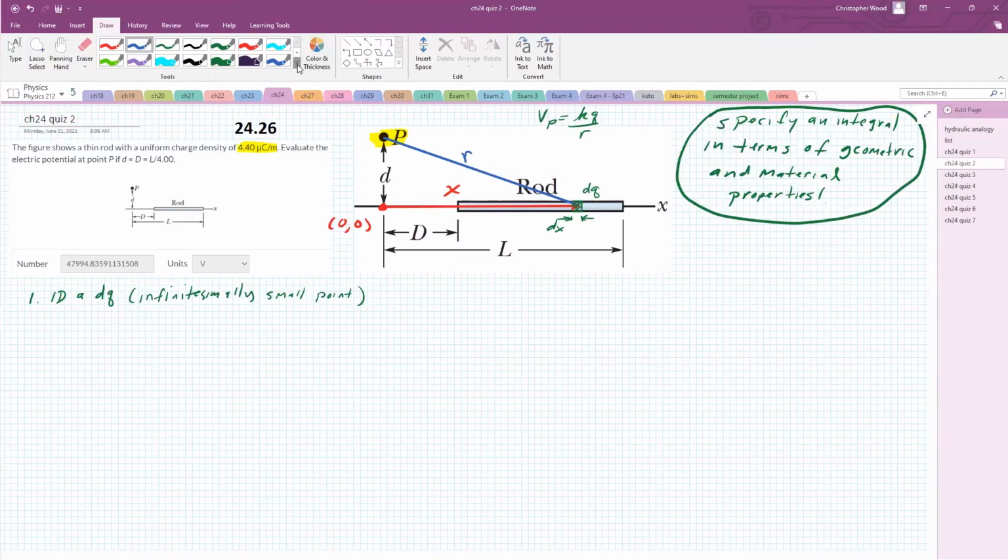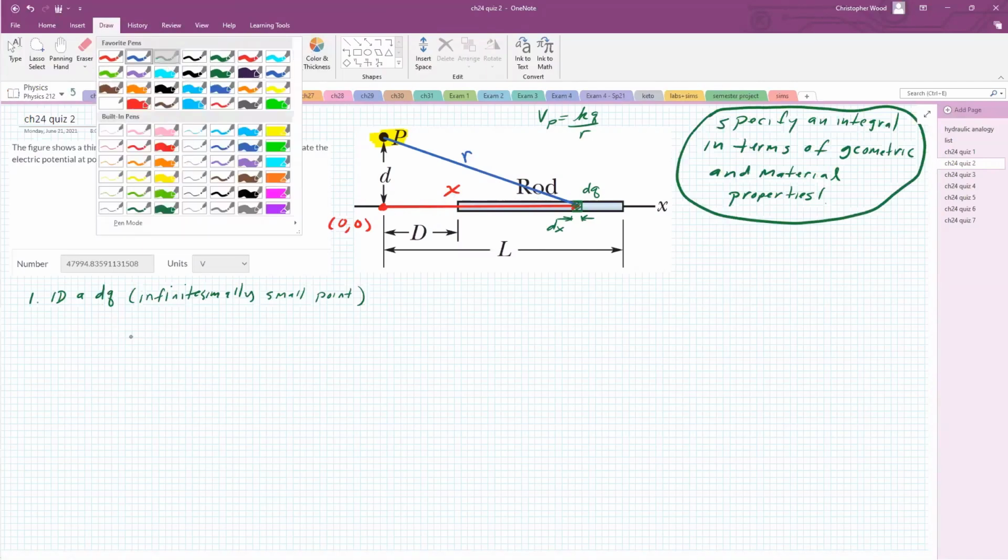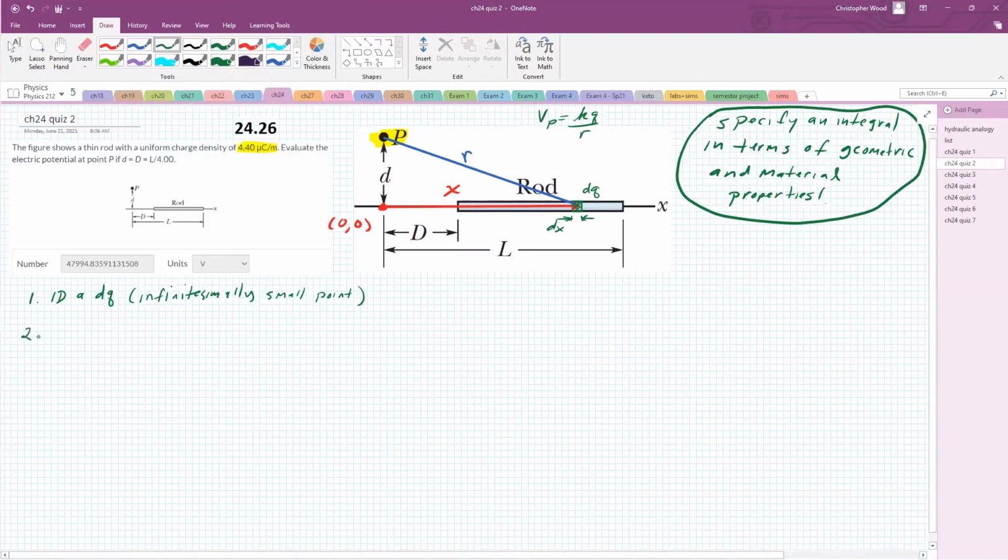So now I've specified the rudiments of the point: the name of the point, the size of the point, the location of the point. Now I get to use this. Once again, the voltage due to a point is KQ over R, generically speaking, but now I'm going to deal with differentials.